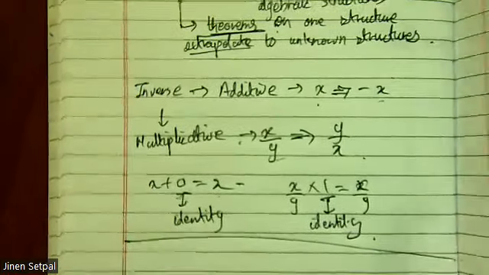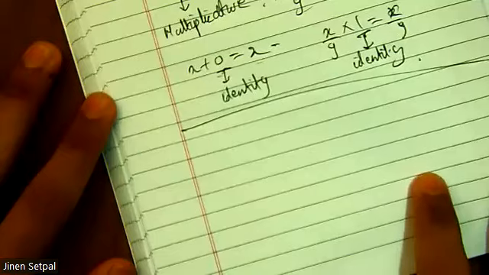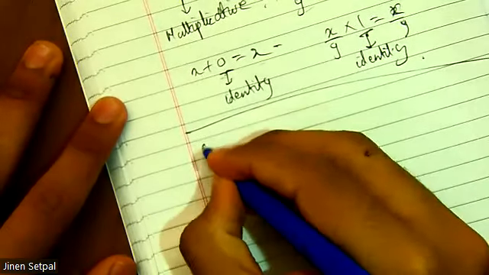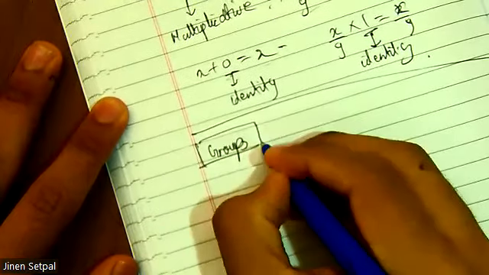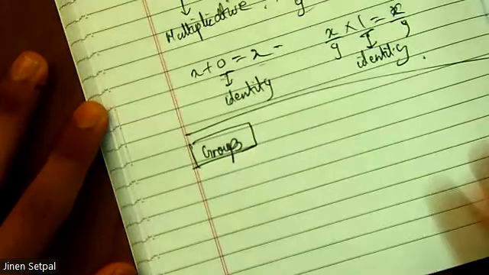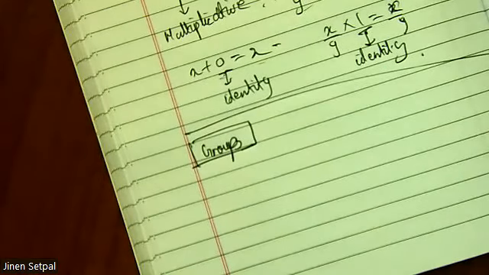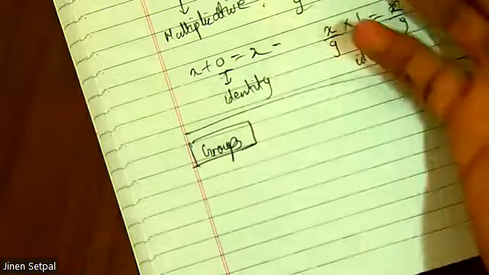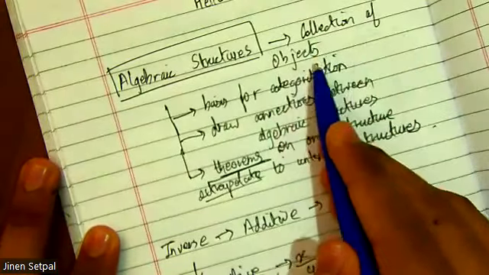We can probably start off with an algebraic structure now. The first one that we have is groups, right? Let's take it from our base algebraic structure. We have a base component, as we defined over here, as a collection of objects.